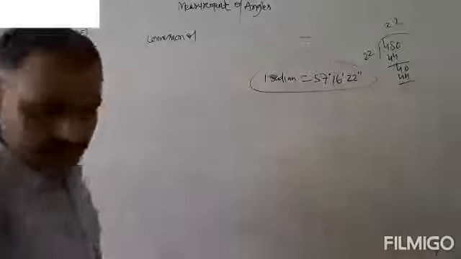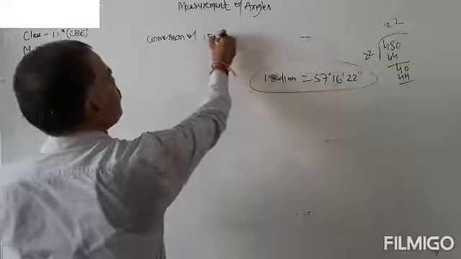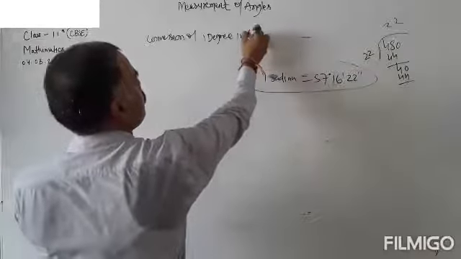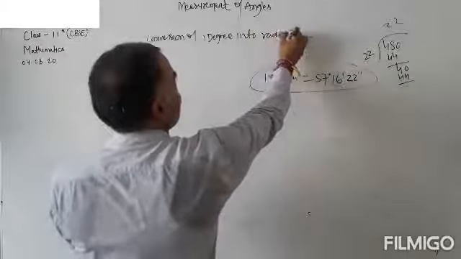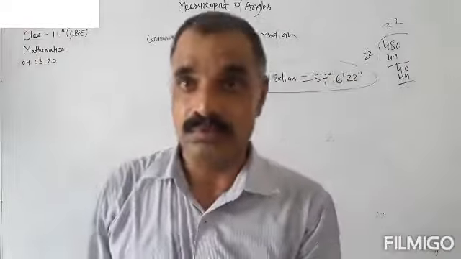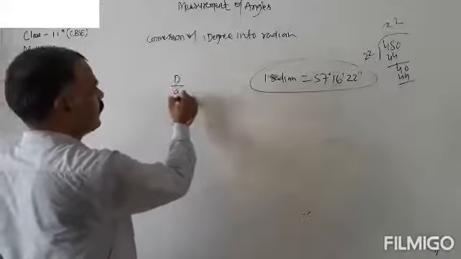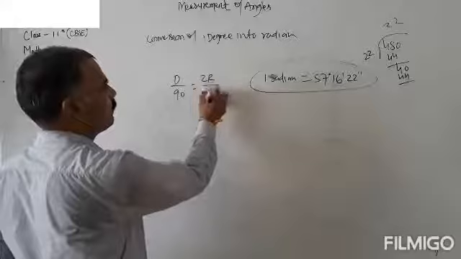Now we will convert 1 degree into radian. The same conversion formula will be used, that is D upon 90 is equal to 2R upon pi.